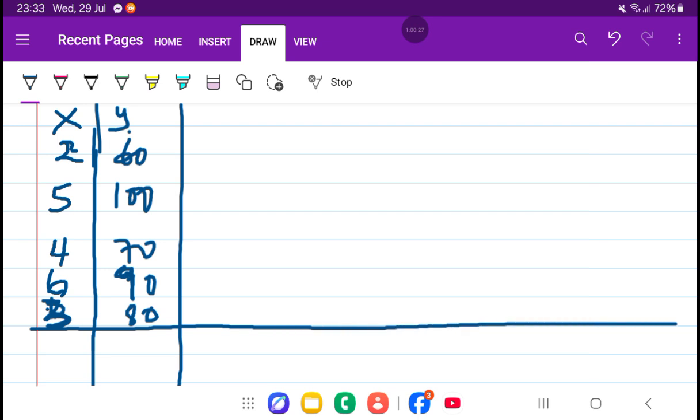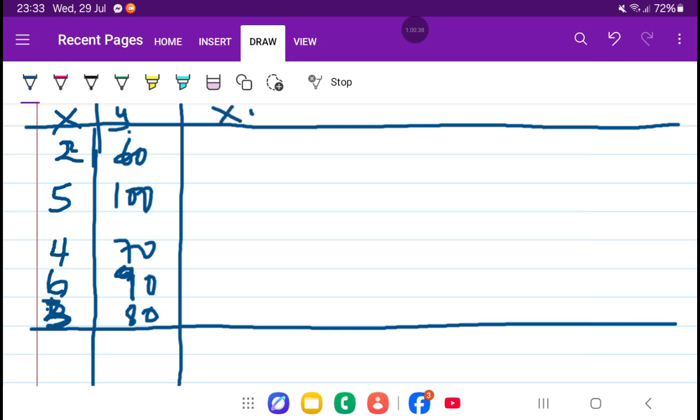Of course, we shall add those values. Then we need our xy. Then we need y squared.